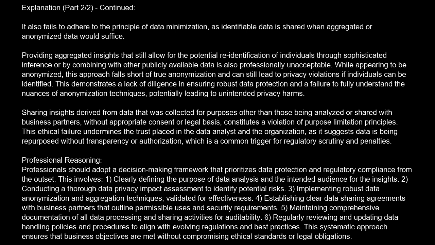Establishing clear data sharing agreements with business partners that outline permissible uses and security requirements. 5. Maintaining comprehensive documentation of all data processing and sharing activities for auditability. 6. Regularly reviewing and updating data handling policies and procedures to align with evolving regulations and best practices.